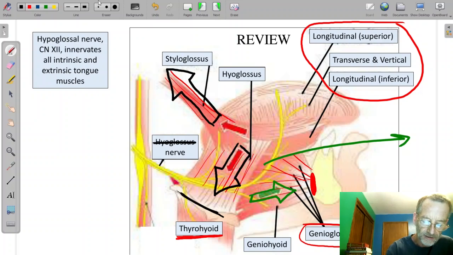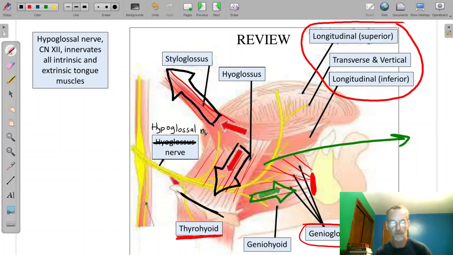The hypoglossus or the hypoglossal. Hypoglossal nerve. Okay, this one.